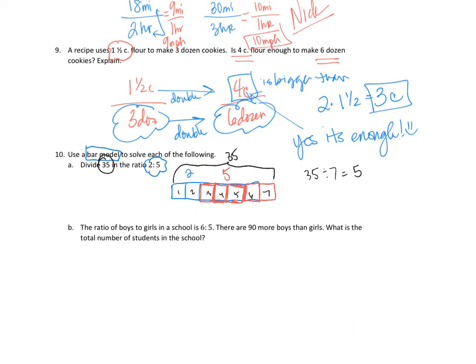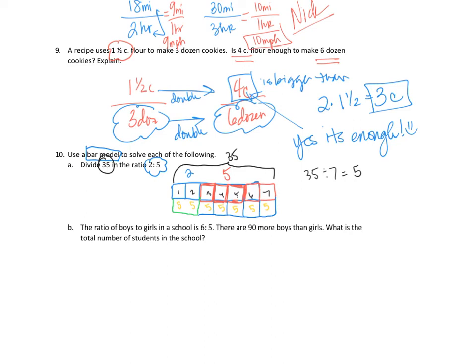So each of these little rectangles is now worth 5. I don't need to draw it differently, but I can split this up now where these guys are part of the 2 in that ratio, and then we have these other guys being part of the 5.